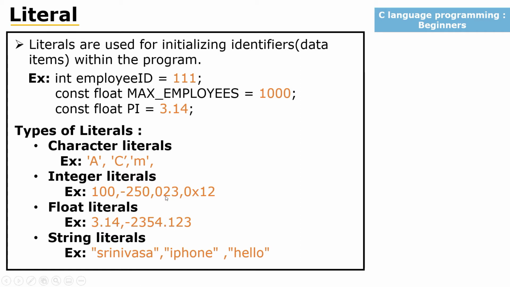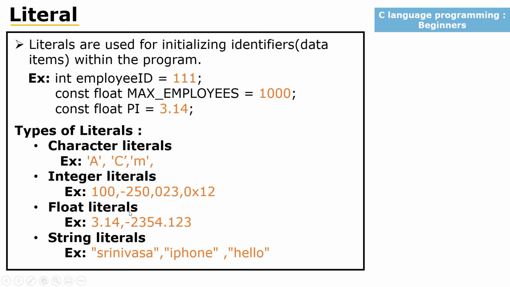And this number begins with 0. Then this integer literal will come under the second one, that is the octal literal. And as this integer value begins with 0x, this literal is the example for the third one, which is hexadecimal literal. We know that decimal means base is 10, octal means base is 8 and hexadecimal means base is 16.